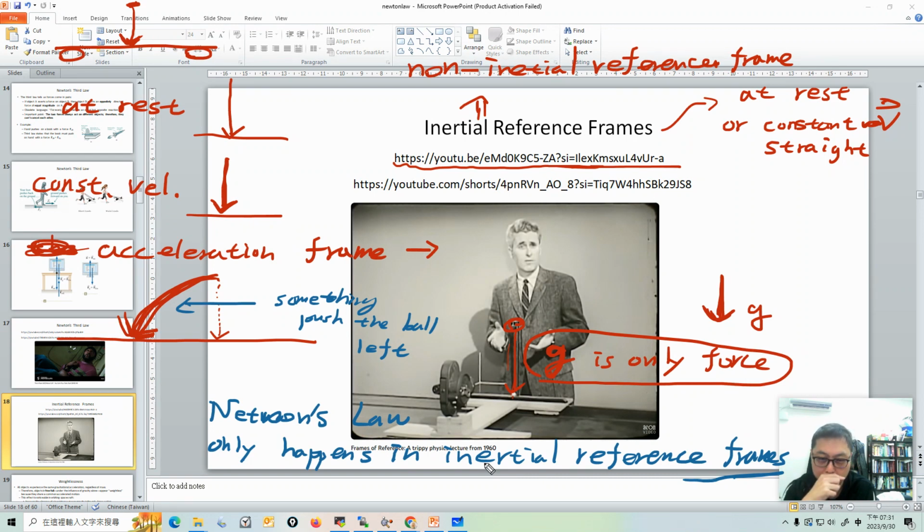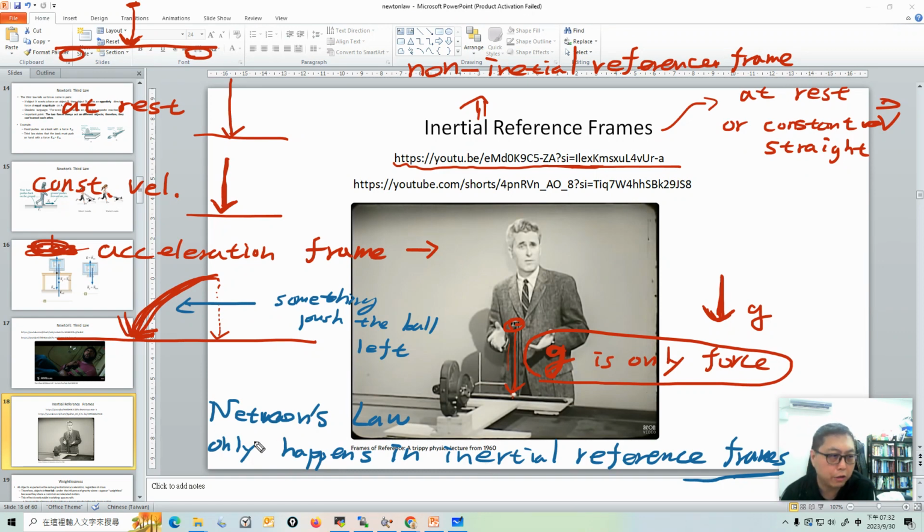The first law looks very simple, but it sets up the reference frame: at rest, or moving at constant speed in a straight line. Otherwise, you are in a non-inertial frame. In a non-inertial frame, Newton's law may not apply. If you want Newton's law to apply, you must be in an inertial frame. That's a very important concept.